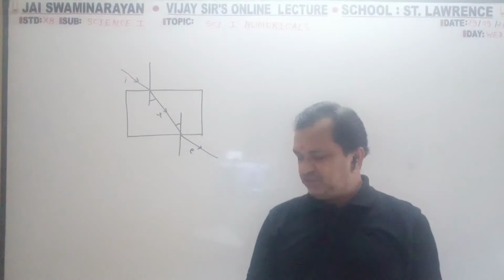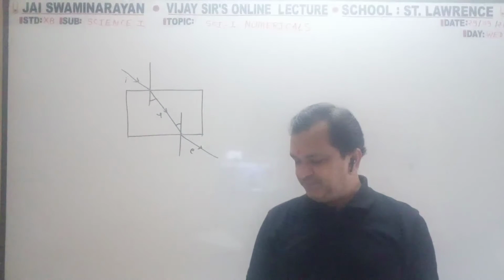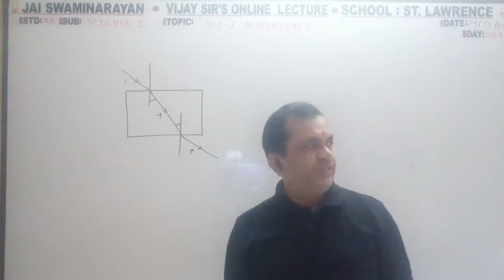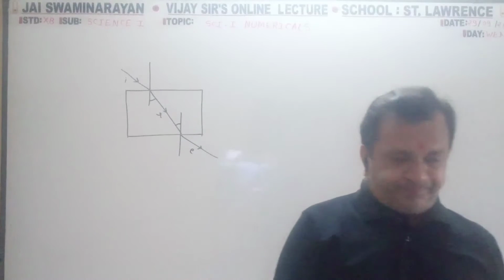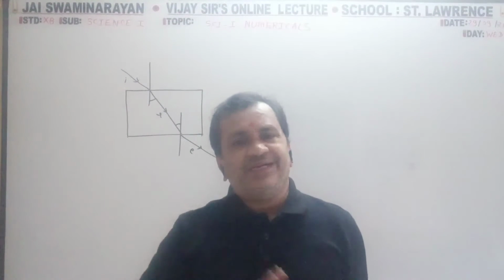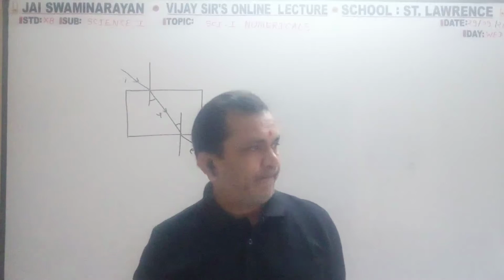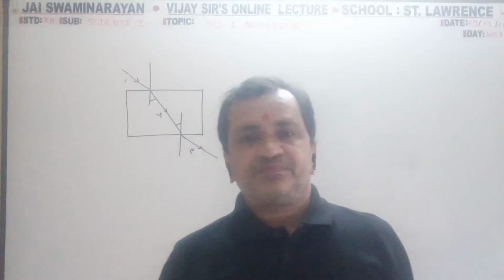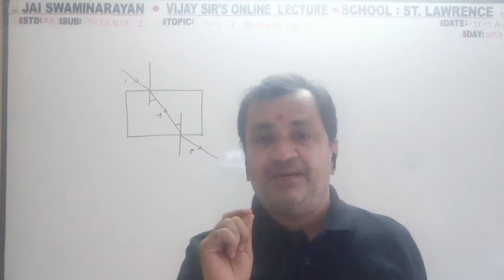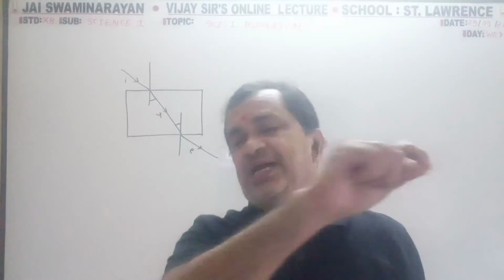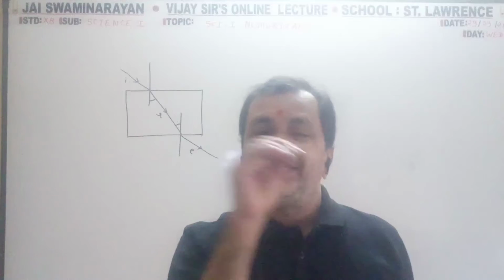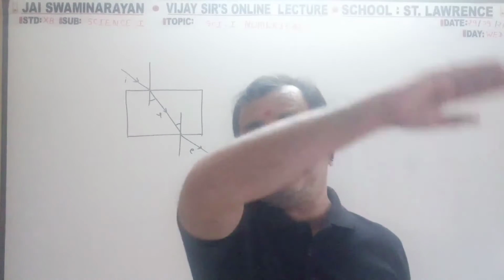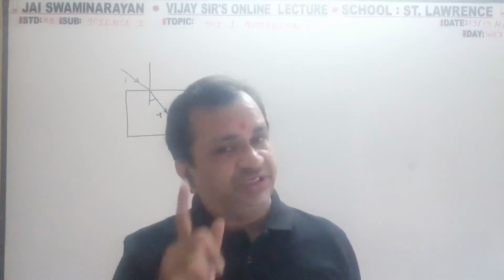Rainbow is a combination of the effect of refraction, dispersion, and total internal reflection. All three together at a time in a rainbow. Refraction: when a ray of light passes from one transparent media to another transparent media, it changes direction, and because of that change in direction, it appears on the opposite side of the sun.